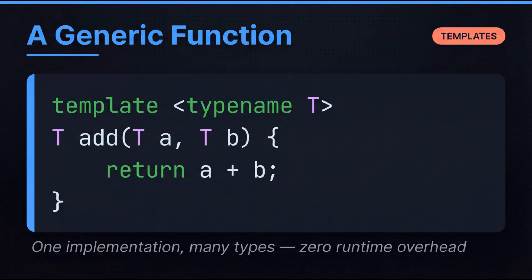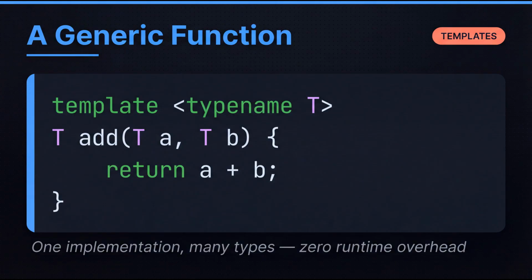Here's the simplest possible template. We start with the template keyword, which introduces a type parameter called T. Then we define a function that takes two values of type T and returns their sum. The template keyword tells the compiler, this function works with any type T. When you call add with two integers, the compiler generates an integer version.